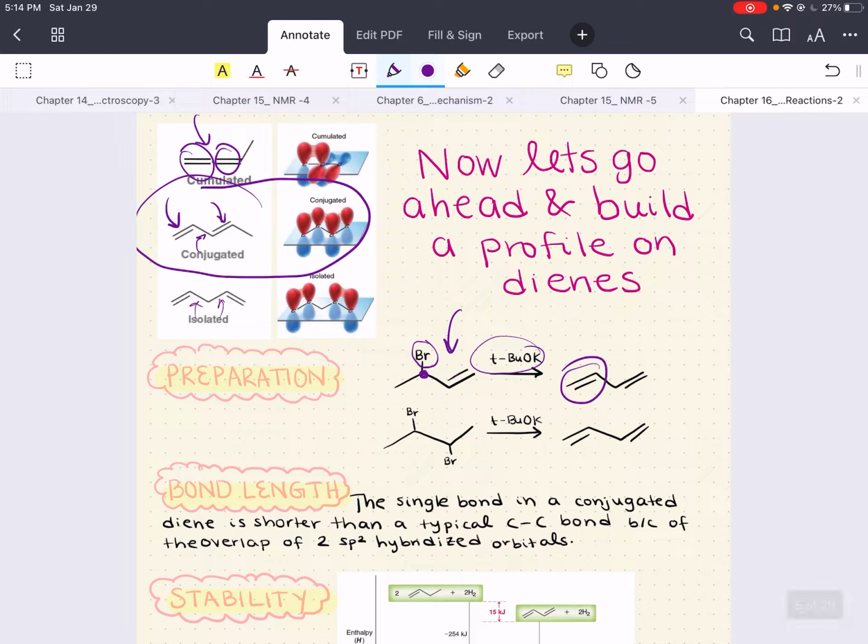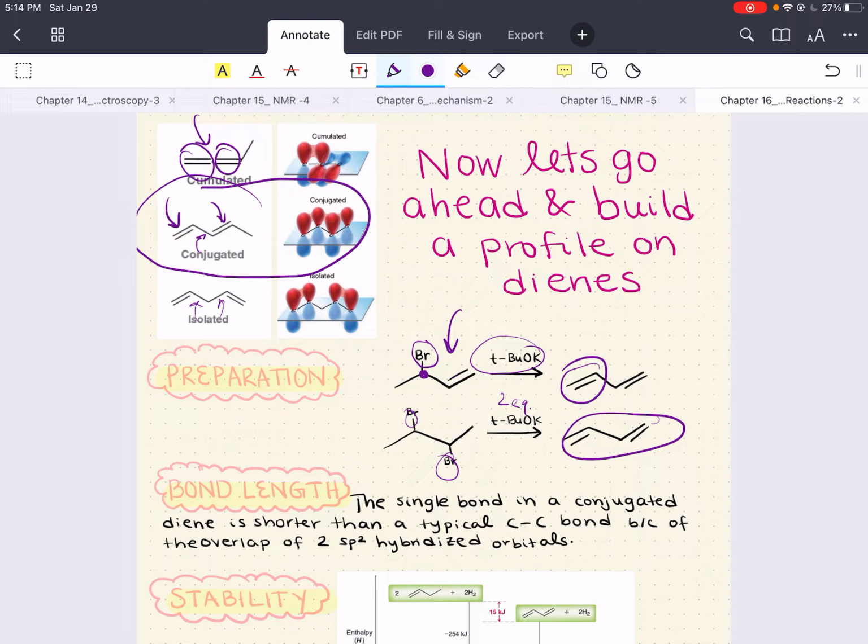So whenever you have two halogens next to each other, conjugated dienes can be formed from this starting material through two successive elimination reactions. So two equivalents, say, of tert-butoxide can actually take this dihalide and convert it into a conjugated diene.